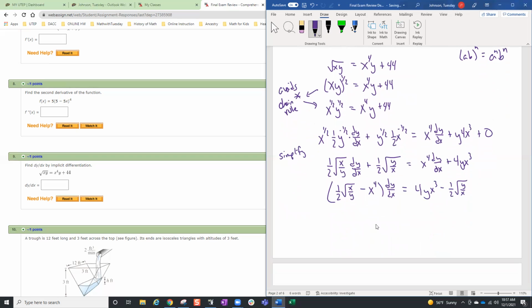To get dy/dx by itself, I am going to be lazy. 4yx cubed minus 1/2 square root of y over x, all divided by 1/2 square root of x over y minus x to the 4th.